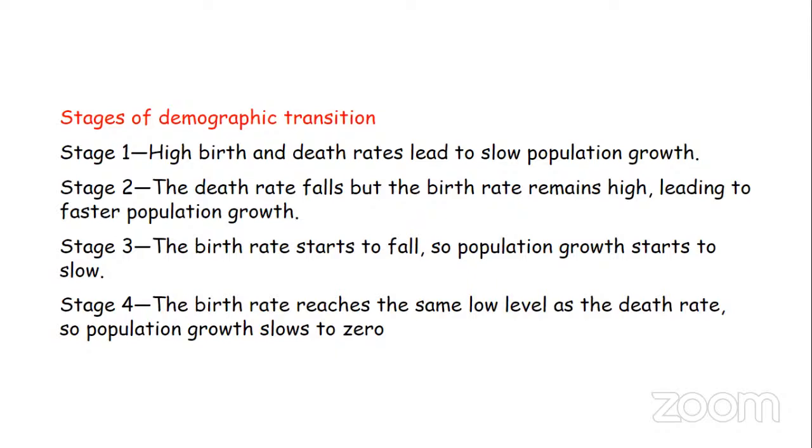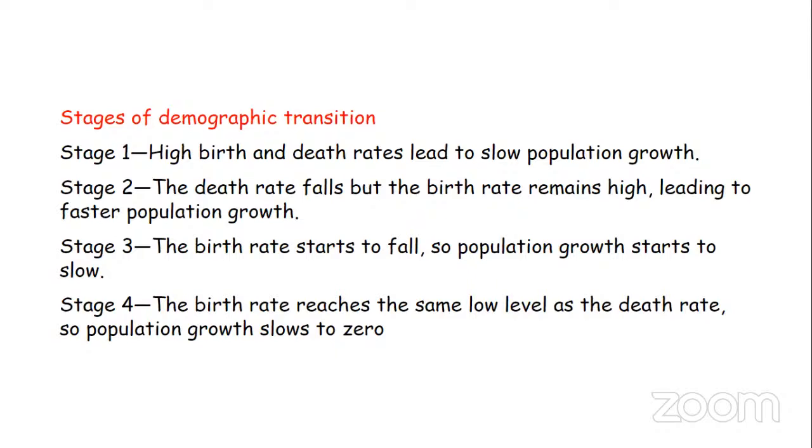Then in stage 4, the birth rate reaches the same low level as the death rate, so population growth slows to 0. Both birth rate and death rate reach the same low level and population growth slows to 0.